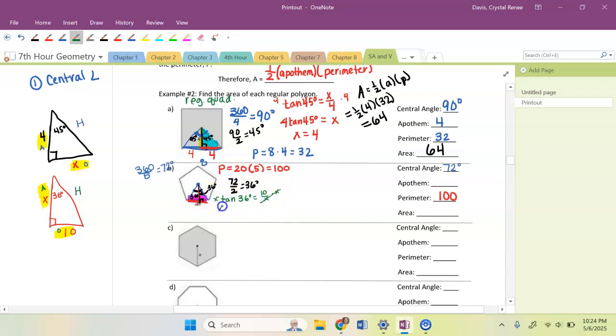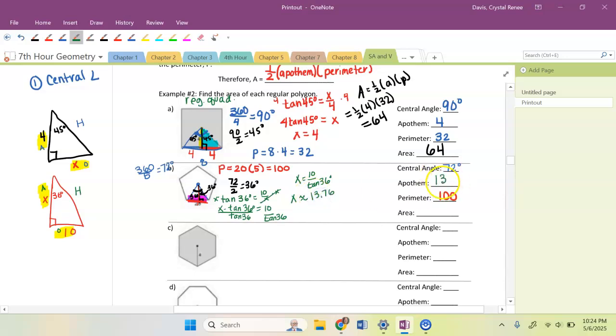Those go away. I get x times tangent 36 equals 10. Then I divide by tangent 36 on both sides, I get x equals 10 over tan 36. And if you just put that straight into your calculator, you'll get that x is about 13.76.